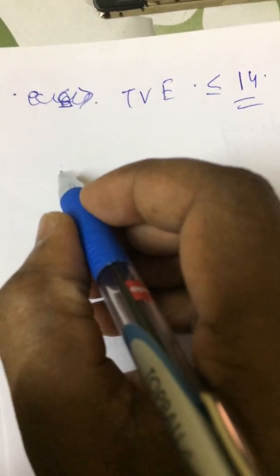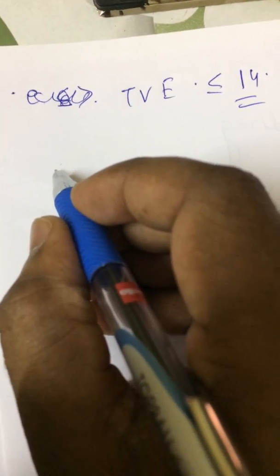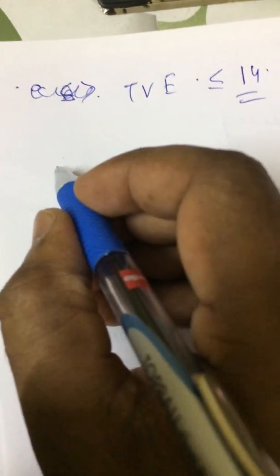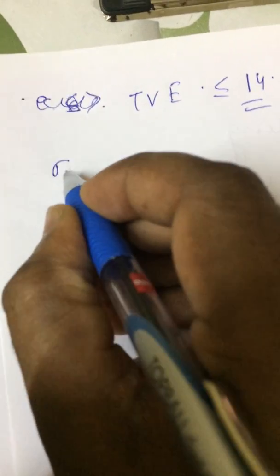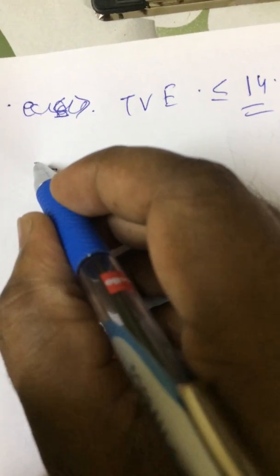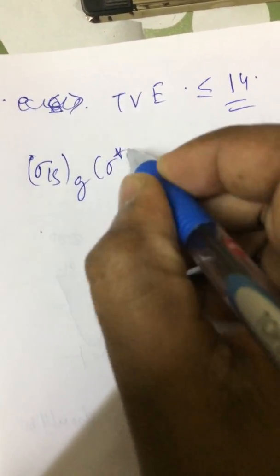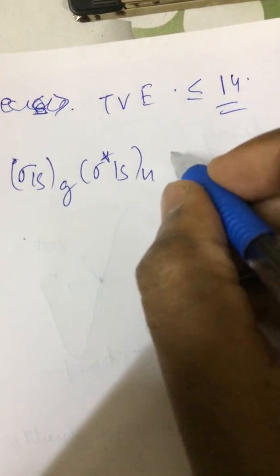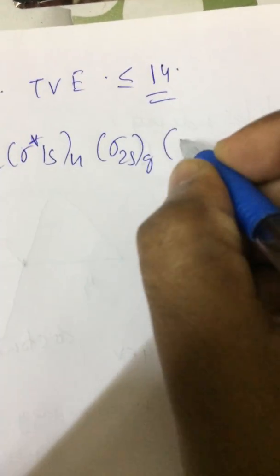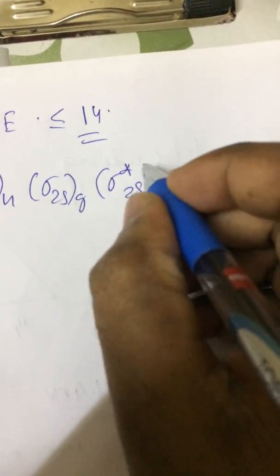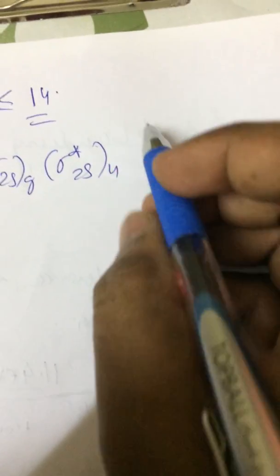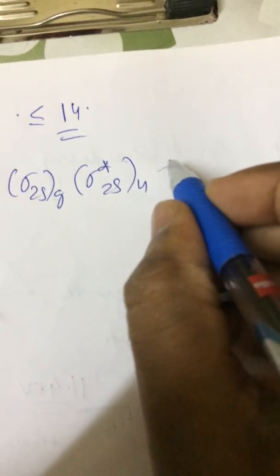For the sigma case everything is the same: sigma 1s gerade, sigma star 1s ungerade, sigma 2s gerade, sigma star 2s ungerade. Here you see the only change is that the pi orbitals come first.